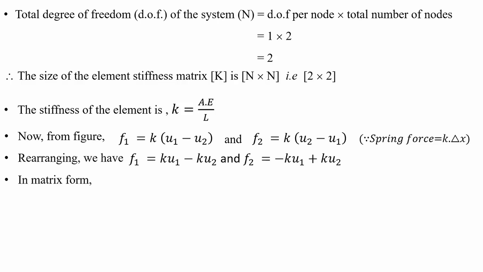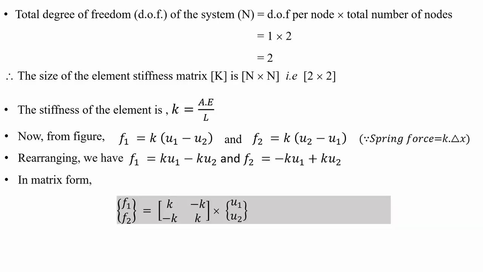Now in matrix form, we can write matrix of F1, F2 is equal to matrix of K, minus K, minus K, K into matrix of displacement, that is U1 and U2. Or in short, we can write matrix of F is equal to matrix of K into matrix of displacements Un. Now the order of the force matrix is n into 1, whereas the order of the stiffness matrix is n by n.